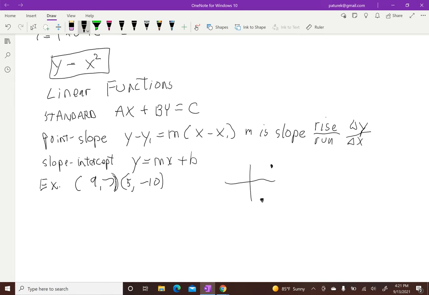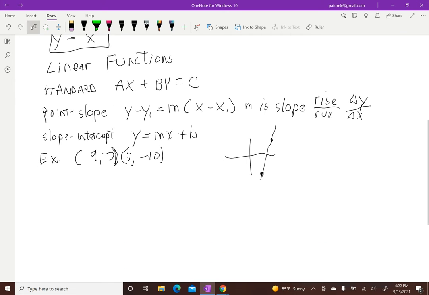So there's my 2 dots, and right away I can tell you by looking at them, this line is going to have a large positive slope and a very large negative y-intercept value of b. All that just by glancing at this little sketch, as you can see. Formally, I would first calculate the slope. The slope m is the rise over run, the change in y value divided by the change in x value.